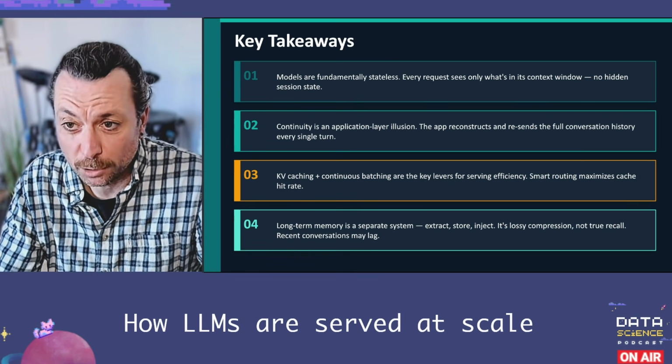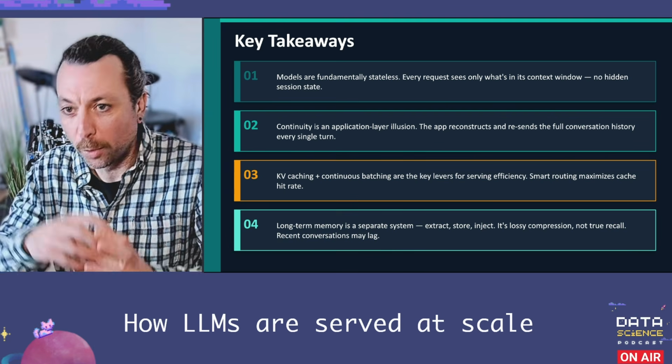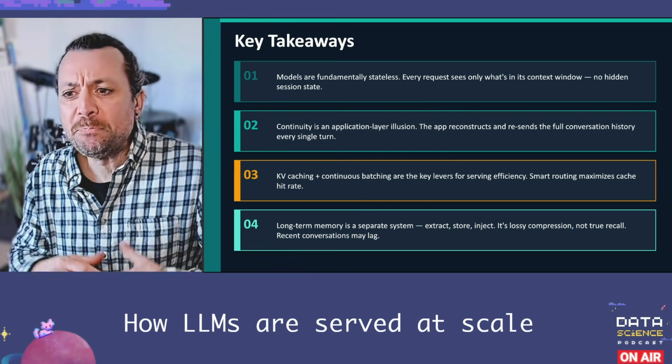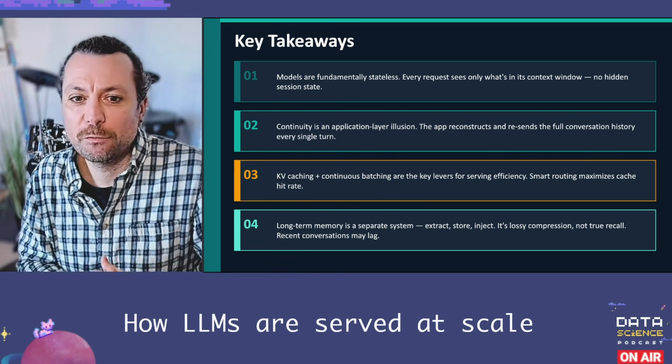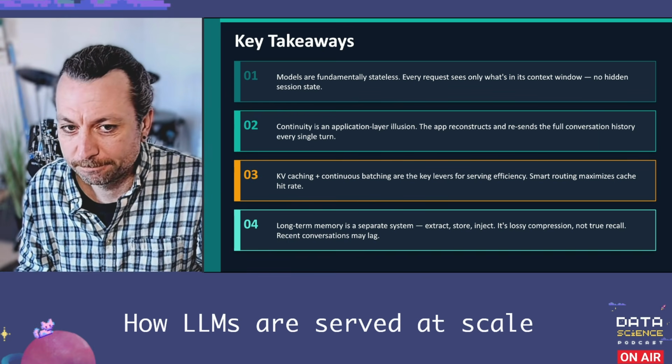Of course, this is a lossy compression, in the sense that you don't have a true recall of all the facts that you have been producing, but it's good enough for typical human conversations.